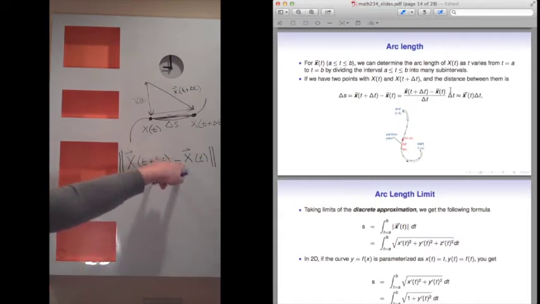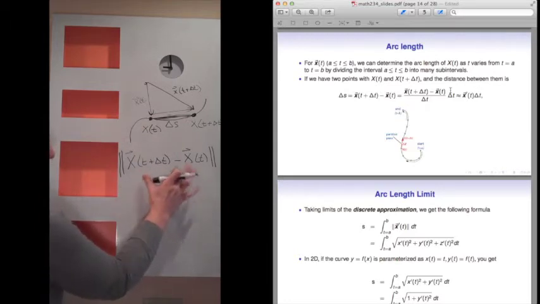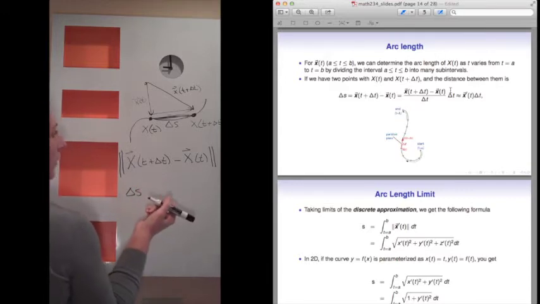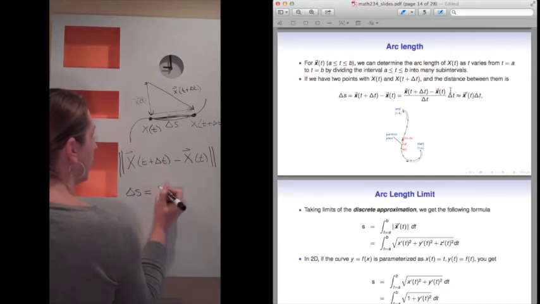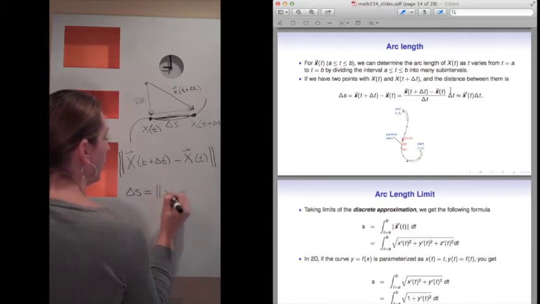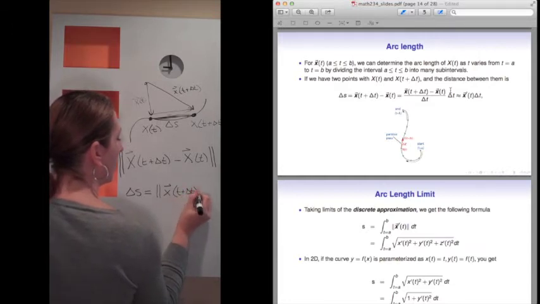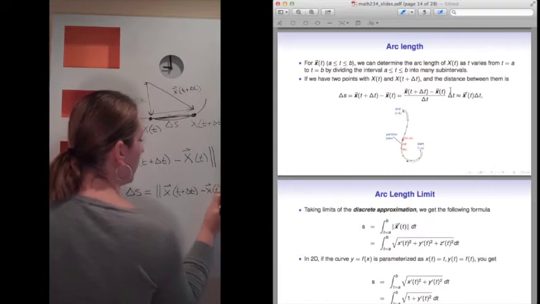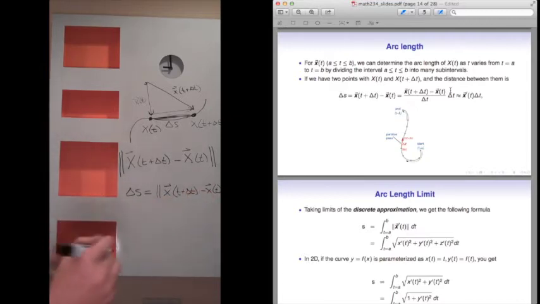So delta s is actually equal to this quantity here. And what we would like to do is come up with some nice formula for delta s.